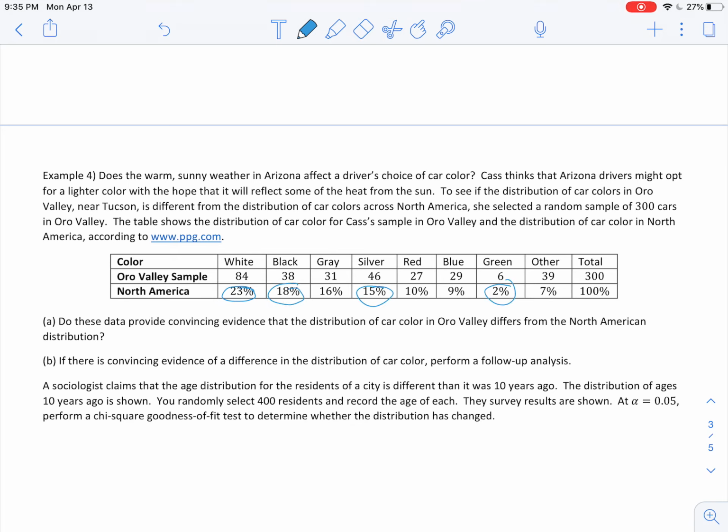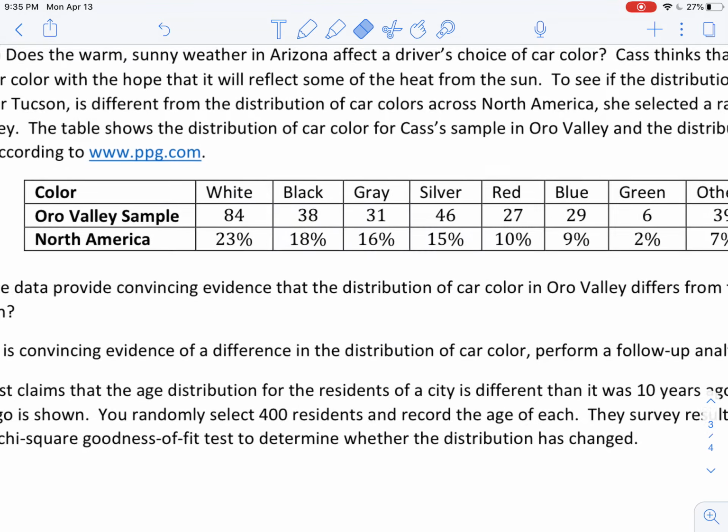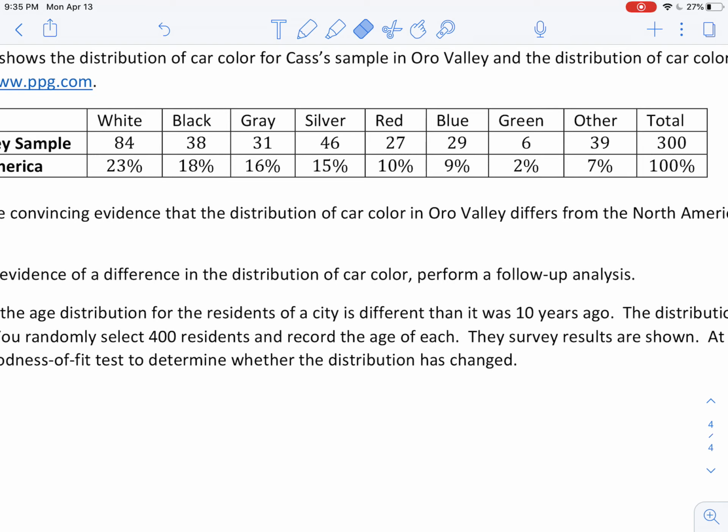They're testing 23% should be white, 18% should be black, 15% should be silver, 2% should be green. That's what they're saying. If it's the same as what North America is, this is what it should be following. So it's not just going to be saying that it is uniform, it's going to be saying it is the same as North America, or it's just not the same as the rest of the distribution in North America.